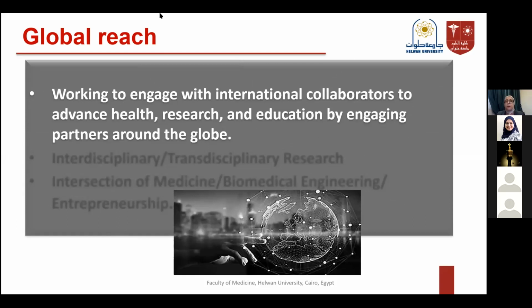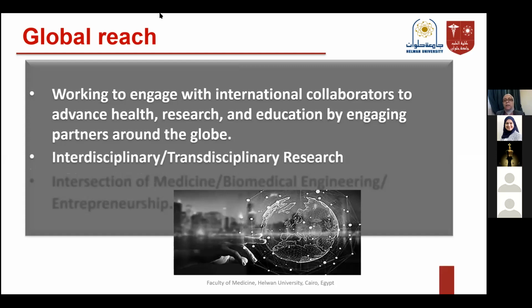So the global reach is now adopted in the medical field. We need to work together through international collaborators to advance health, research, and education by engaging partners around the globe.